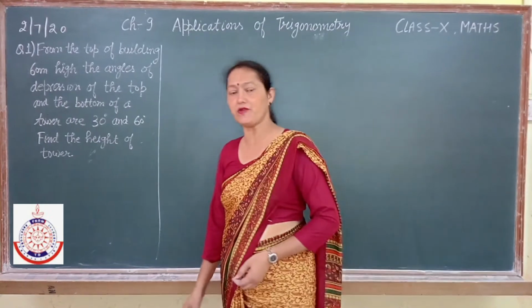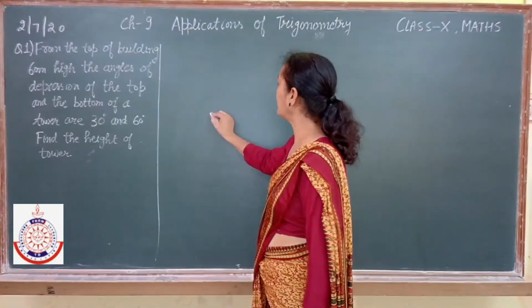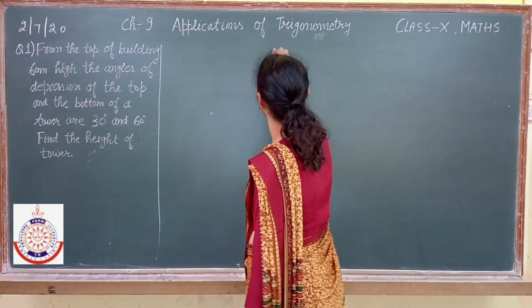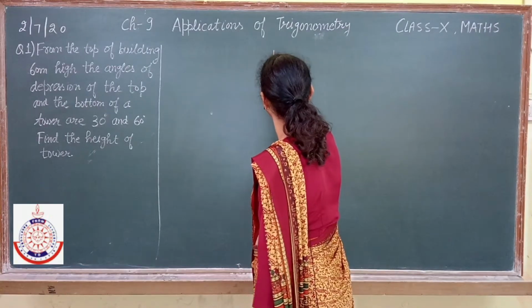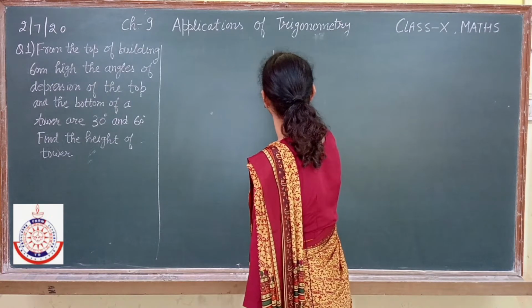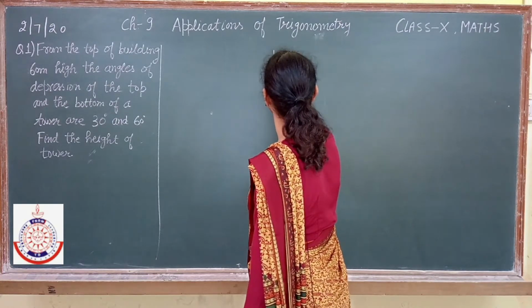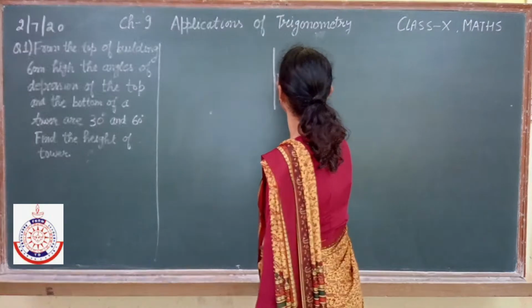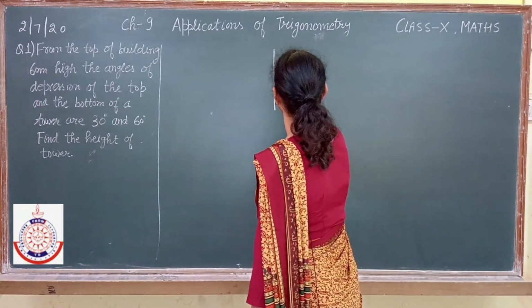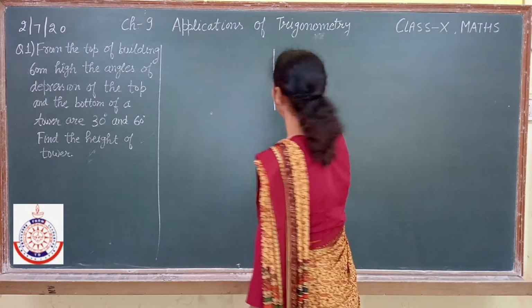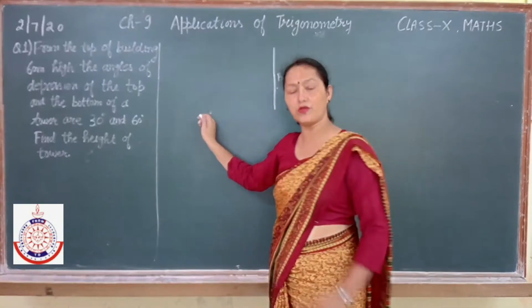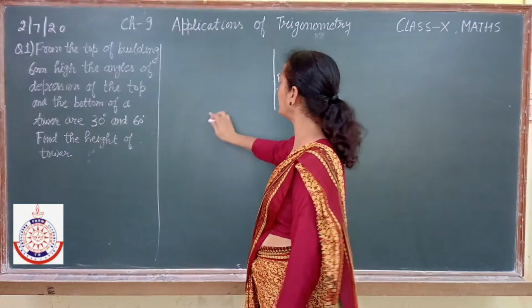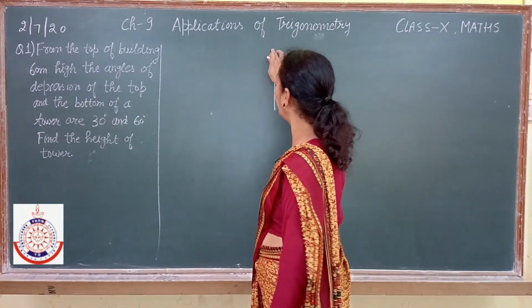Angle of elevation: say this is the building, and someone standing on the road is looking upwards towards the top of this building.